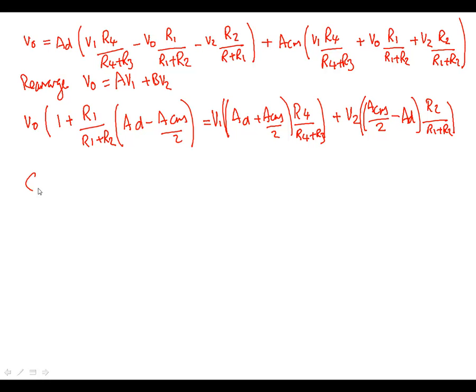And as we remember before, common mode rejection ratio is equal to a half into A minus B over A plus B. So if you substitute now, this is A, and this is effectively B, into those terms, we'll get a new expression for common mode rejection ratio in this format.